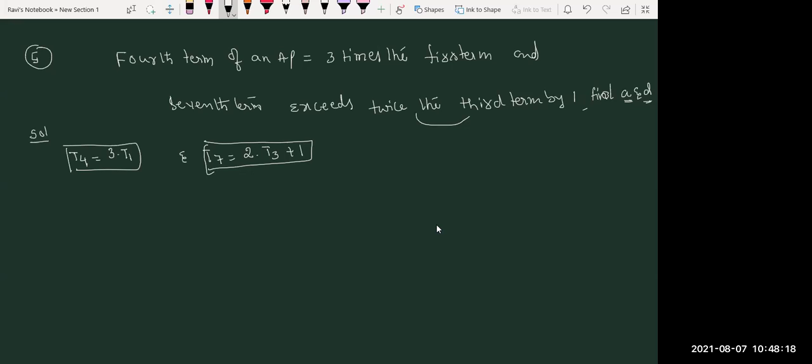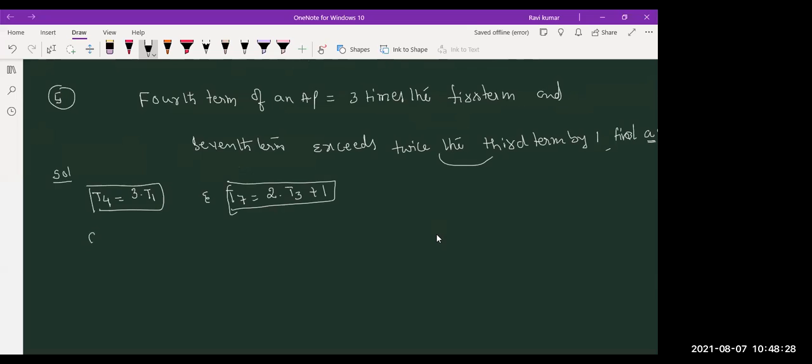Did anyone get the A value? Chandan, how to find T4? A plus 3D equals 3A. T1 is nothing but A. A is 3, D is 2, correct. Now how to find T7?